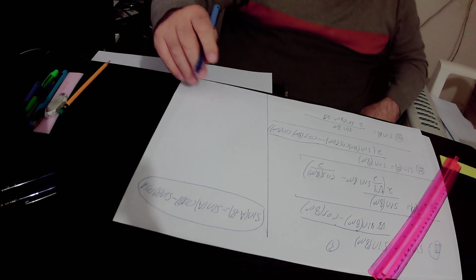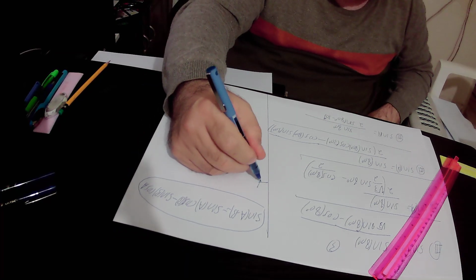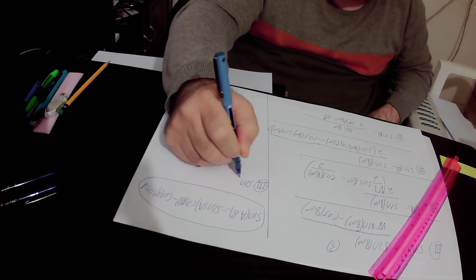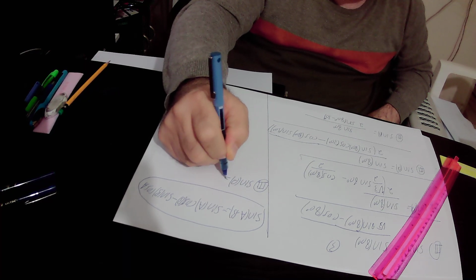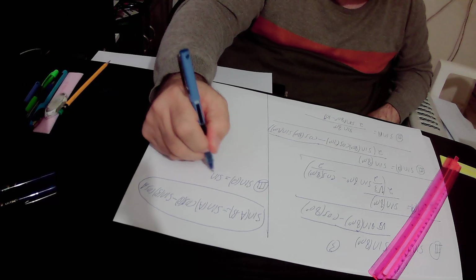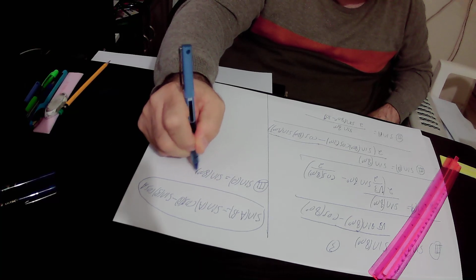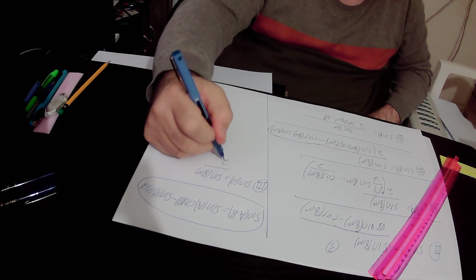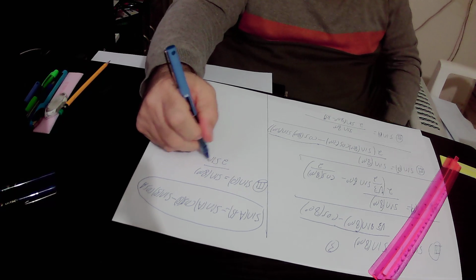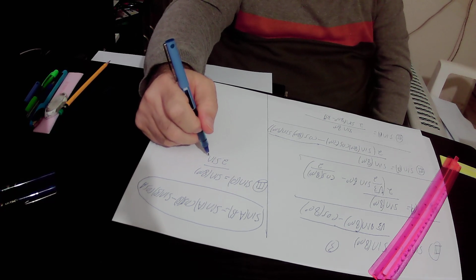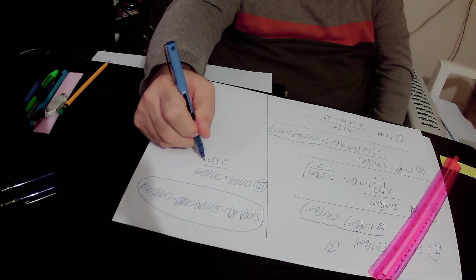So I write it down. We got that sine theta equals sine 80 degrees over 2 sine 50 degrees, because 80 degrees minus 30 degrees is 50 degrees.